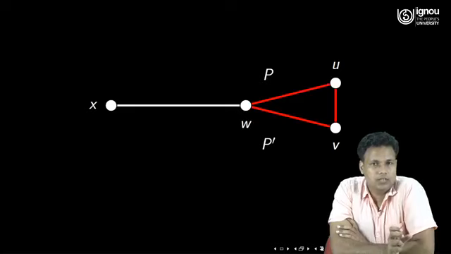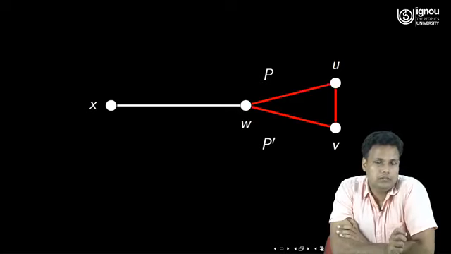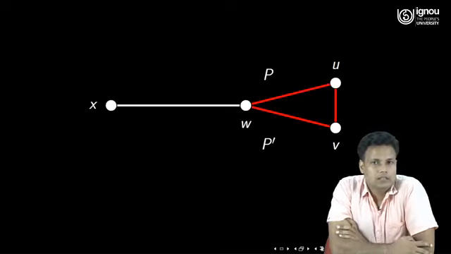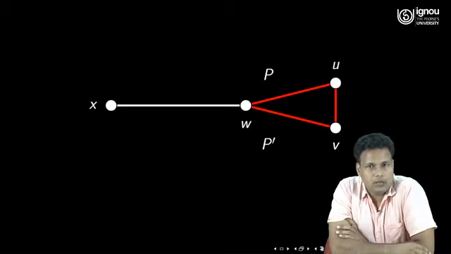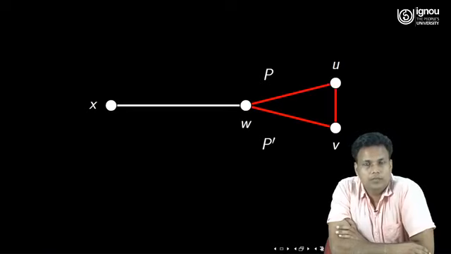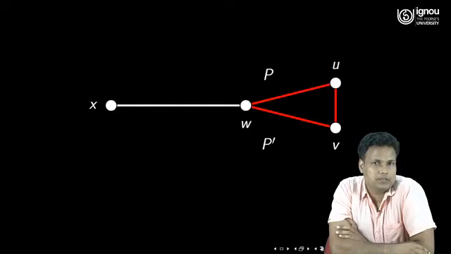So either both have odd length or both have even length, hence their union would have even length, and this union along with the edge uv makes an odd cycle, which is again a contradiction.